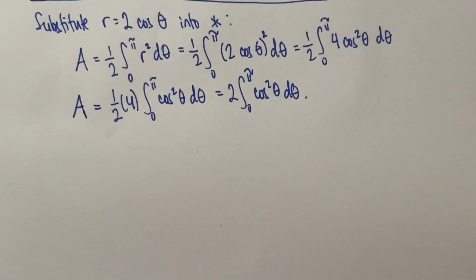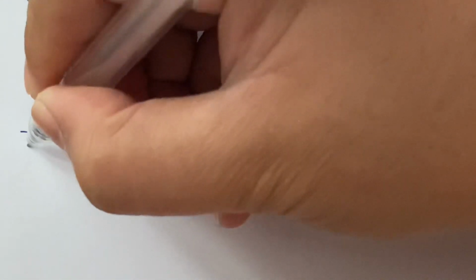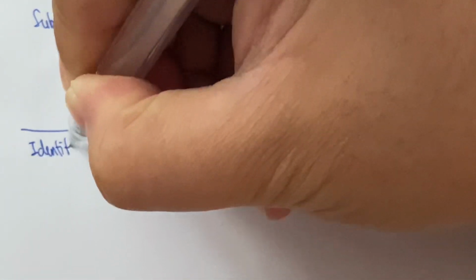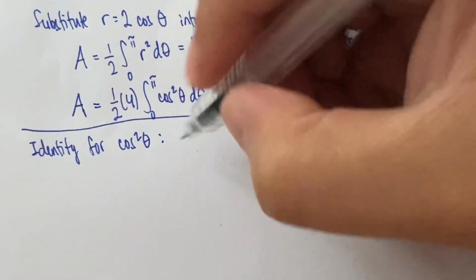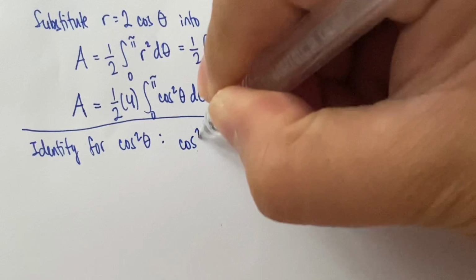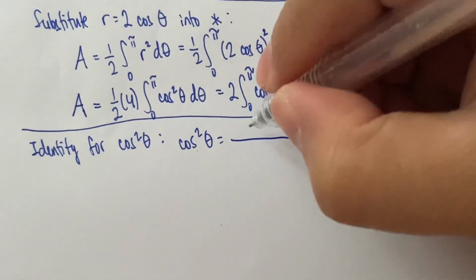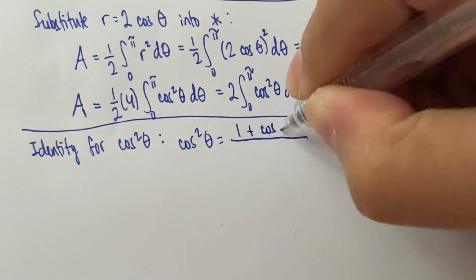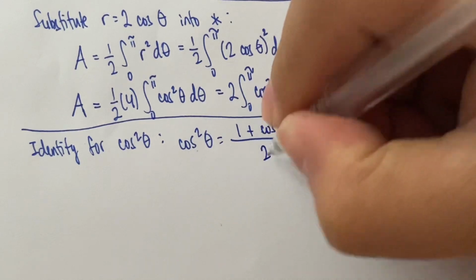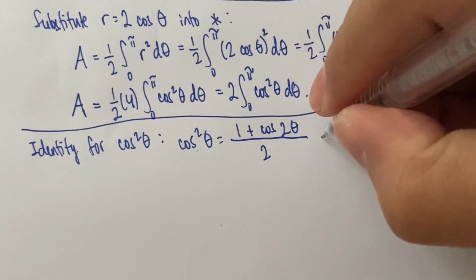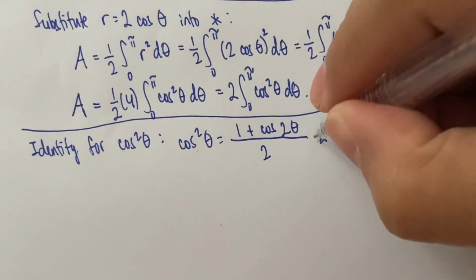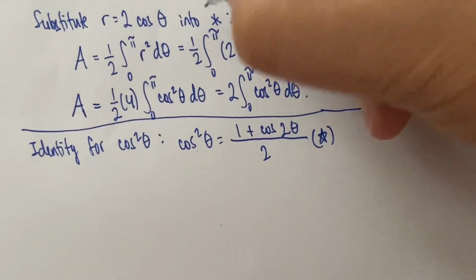We can then evaluate the integral. We will use the identity for cosine squared. Remember, the identity for cosine squared theta is cosine squared theta equals 1 plus cosine 2 theta over 2. I'm going to call that star. We're going to use that later.